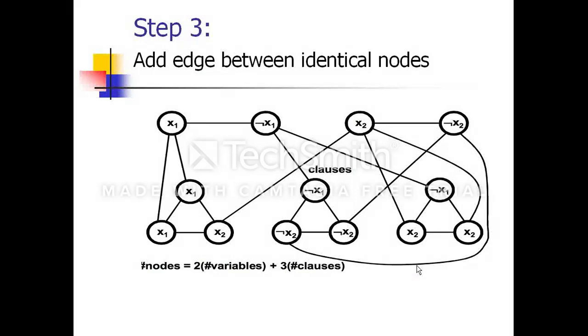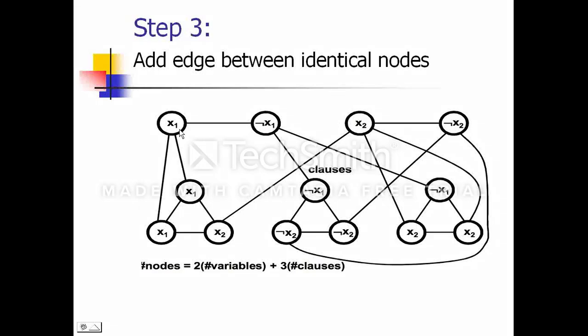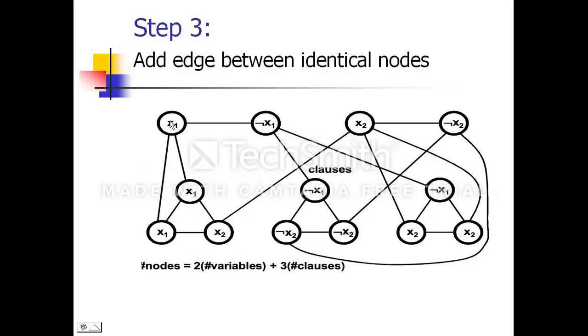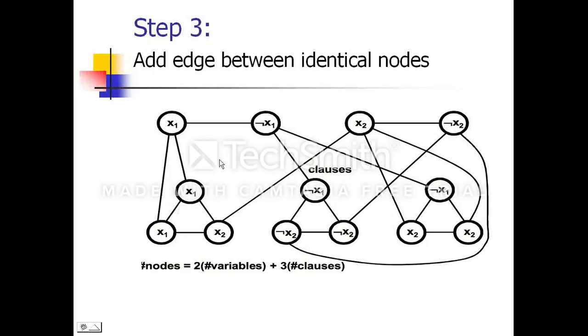Next step, step 3, add an edge between the identical nodes. This is the point where we are going to connect the variable gadget and the clause gadget. So x1 is a node present in the variable gadget, and we will connect it to the x1 node present in the clause gadget.